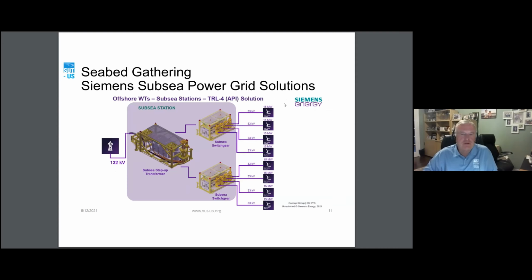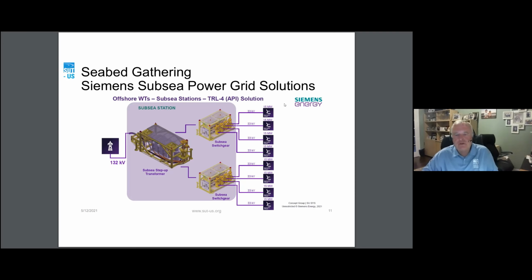And whether you talk to Siemens, ABB, Baker Hughes, they're all proposing this technology as a way of gathering multiple turbines into a small number of cables to go for longer distances.